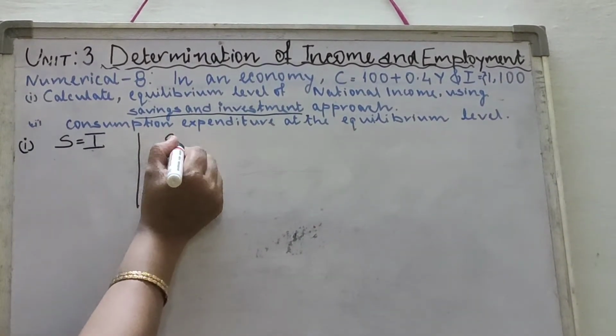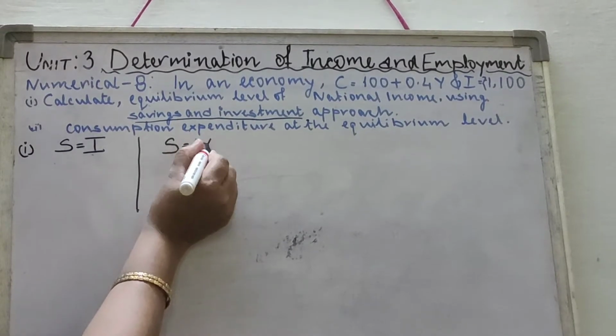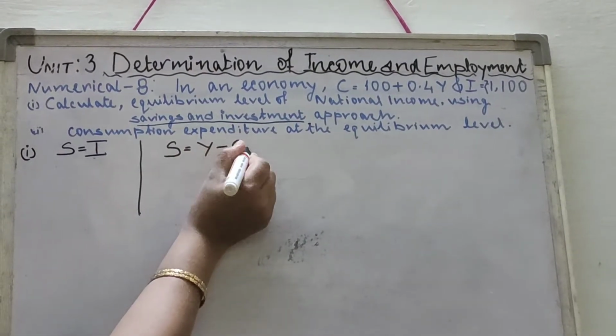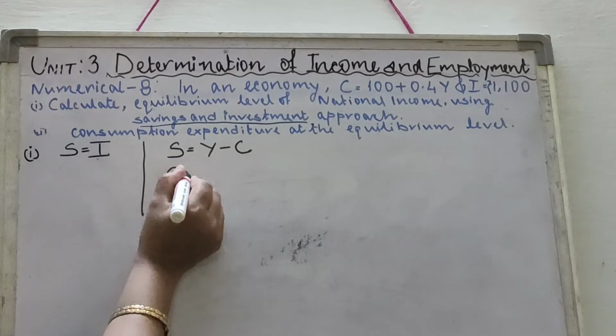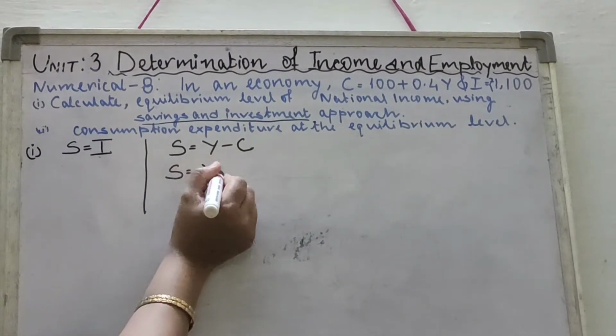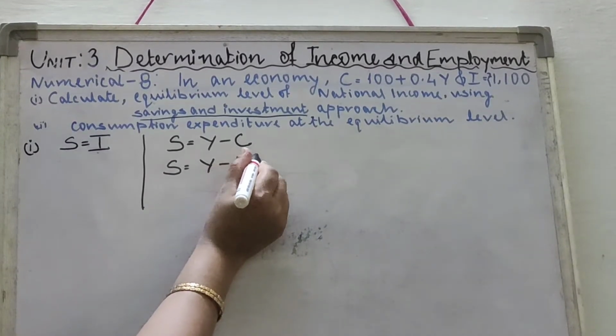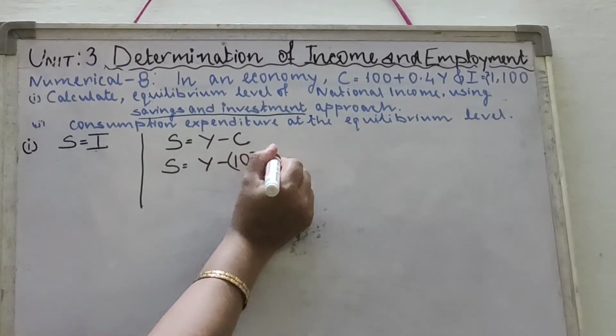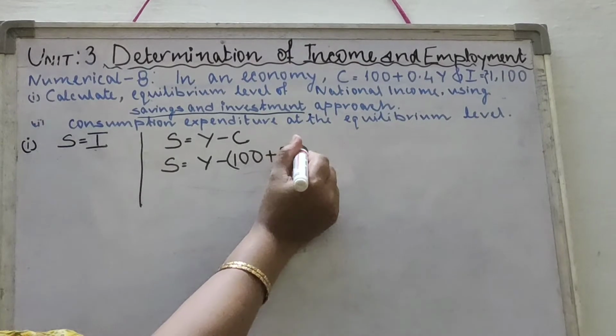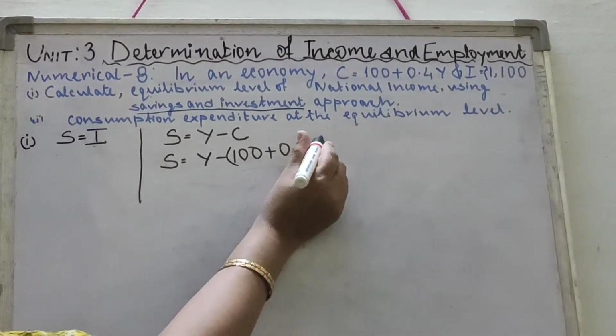We know that saving is equal to Y minus C. So S is equal to Y minus, we will substitute the value of C here, 100 plus 0.4Y.